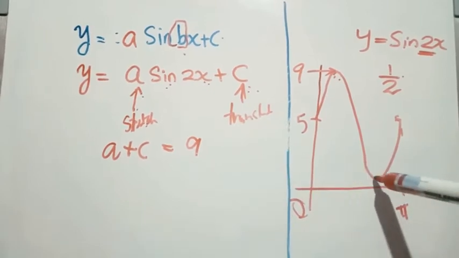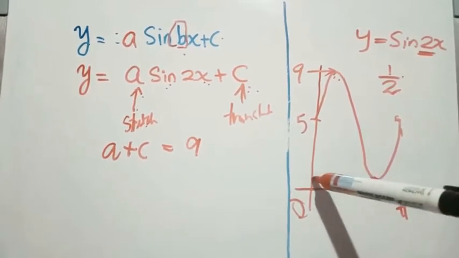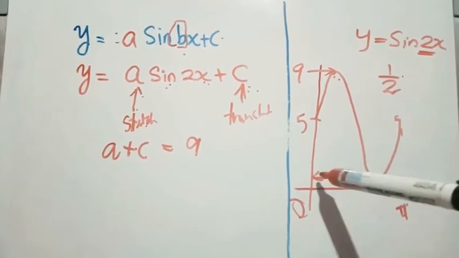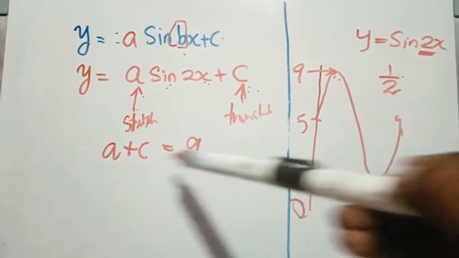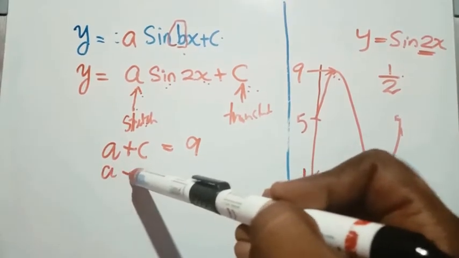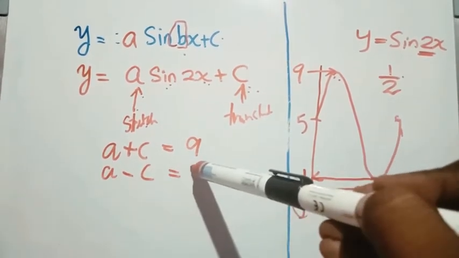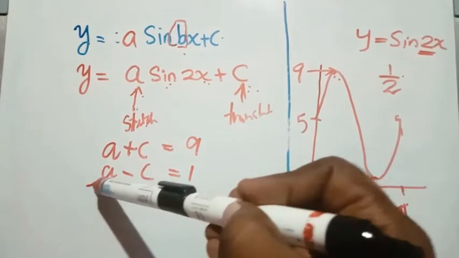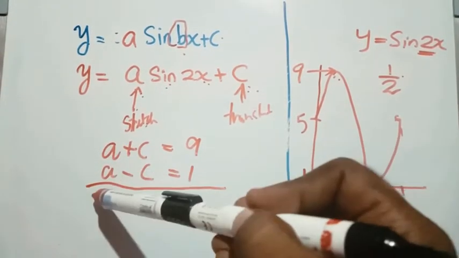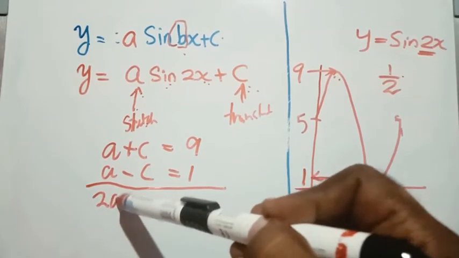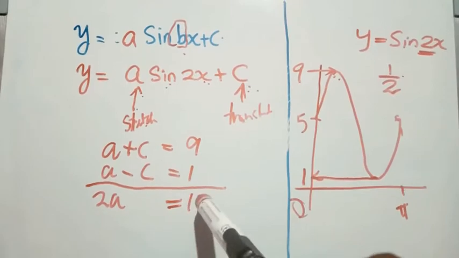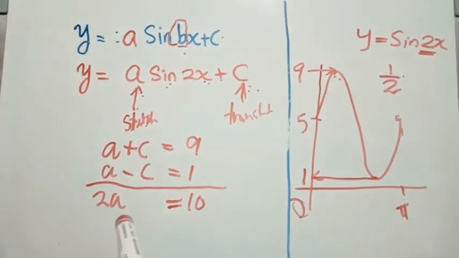And what is the minimum value? The minimum value comes here now. Actually, it should be minus 1. But now it is 1. That means a minus c is 1. Okay. So when you do this calculation, we get 2a is equal to 10, or a is equal to 5.